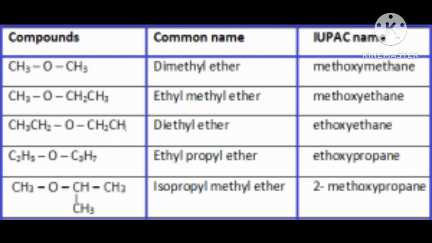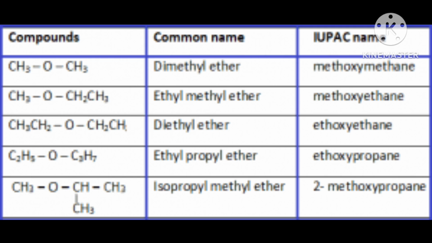Two OH groups attached to adjacent carbons, next to the first carbon, is actually called catechol, C-A-T-E-C-H-O-L, catechol.